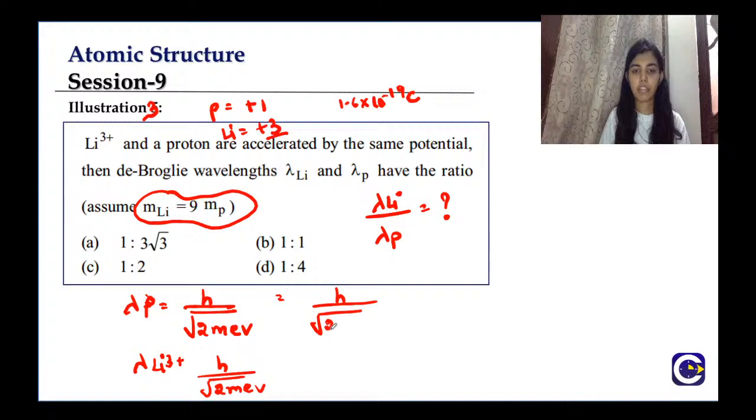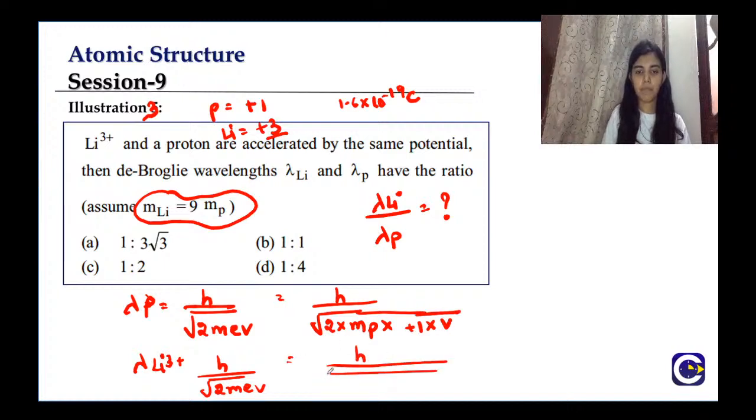Here, if you consider the mass, the mass of the proton we take as mp, the charge as +1, and V we keep as it is. Then for lithium 3 plus, 2 into the mass of lithium, which is 9 into mp, so you write 9 mp. Then the charge on lithium is +3, so you write 3 here, and V, because it is the same potential, so V and V will be the same.